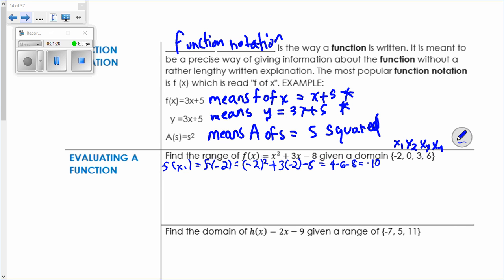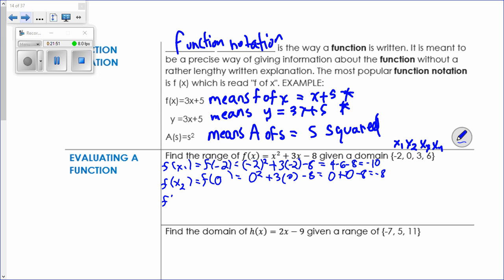There's my first one. Now for the second x value, I have f of 0, which equals 0 squared plus 3 times 0 minus 8, equals 0 plus 0 minus 8, or -8.